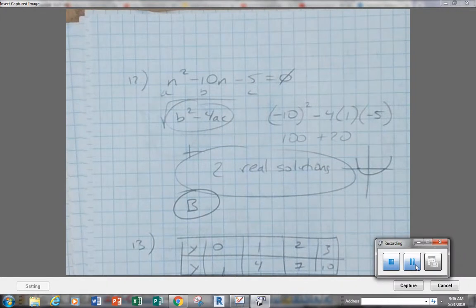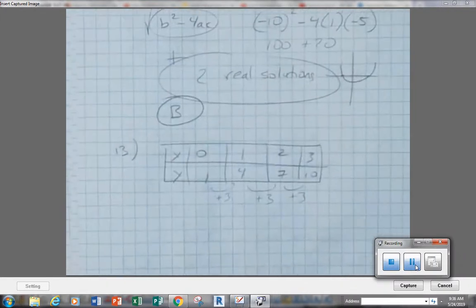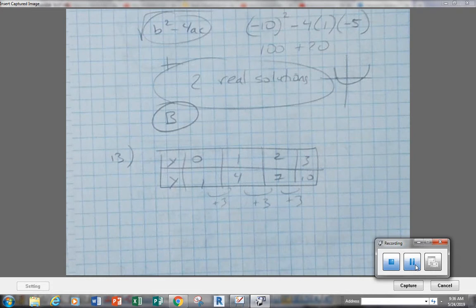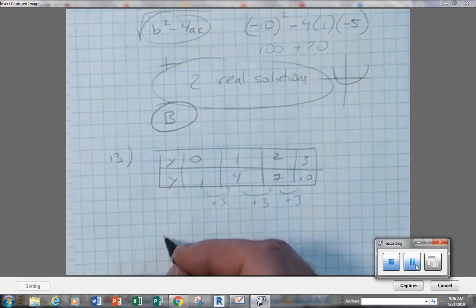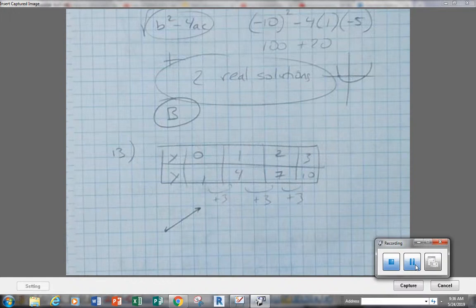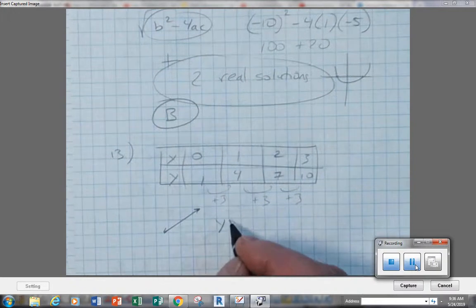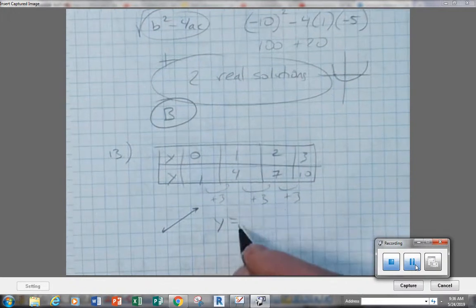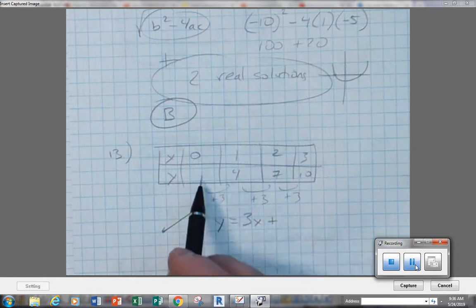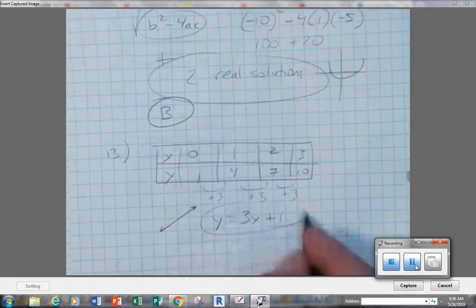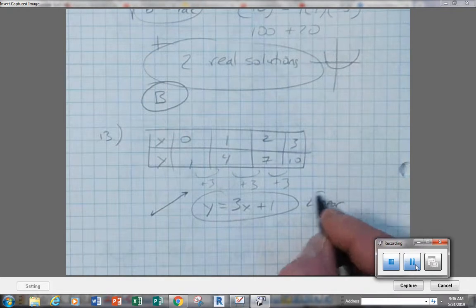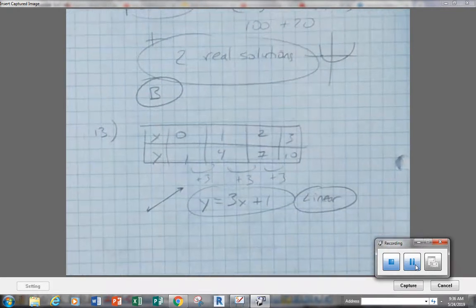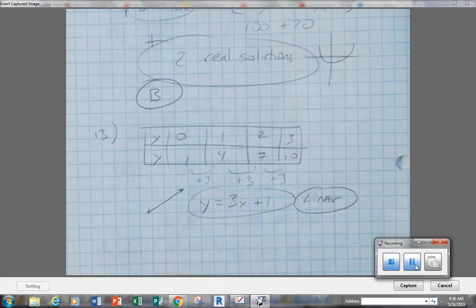Any pattern that goes up by the same amount for y is linear, is a straight line. This would have the equation y equals how much it's going up. That's your slope, 3x plus whatever y is when x is 0. That's the equation for this. This one is a linear situation, straight line. Whenever you're adding by the same amount each time, linear.